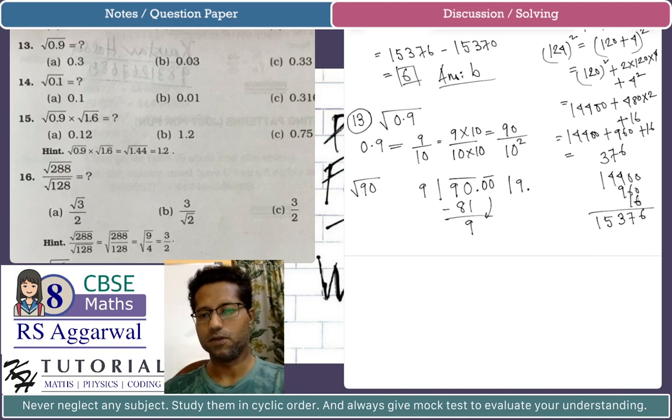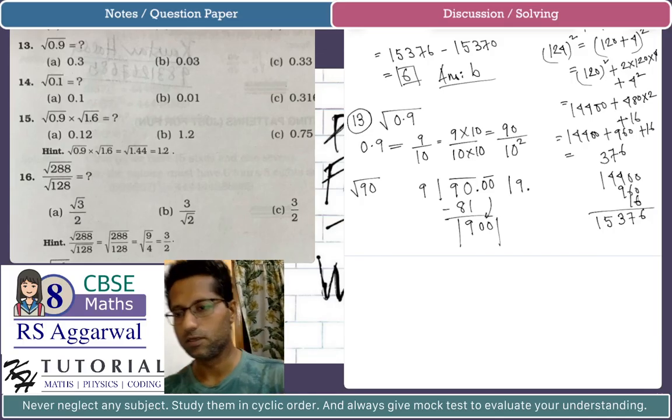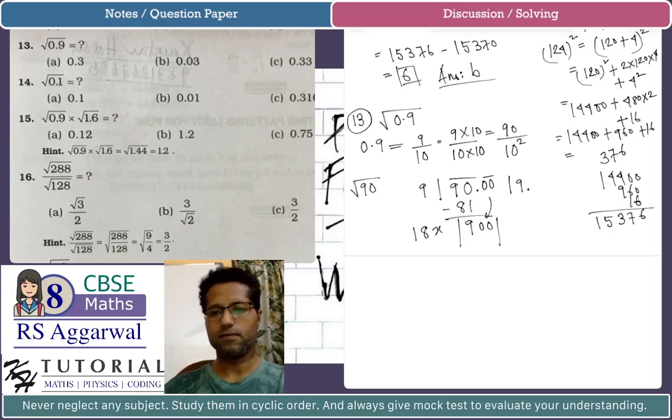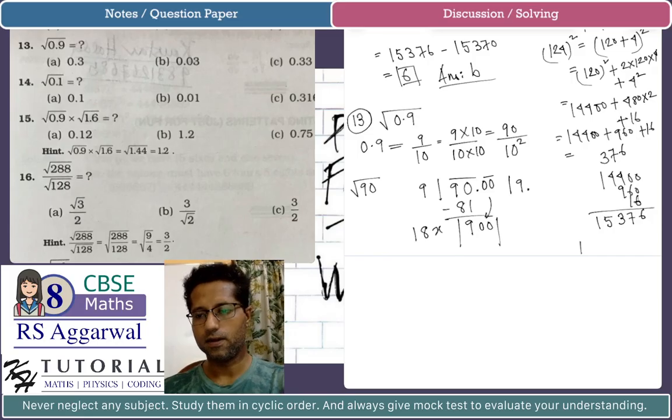So the next dividend becomes 900, and the next partial divisor will be whatever the quotient is, ignoring the decimal point, that is 9 multiplied by 2. We have 18. So we have to put a digit x over here such that the 3-digit number 18x multiplied by x should be less than or equal to 900.